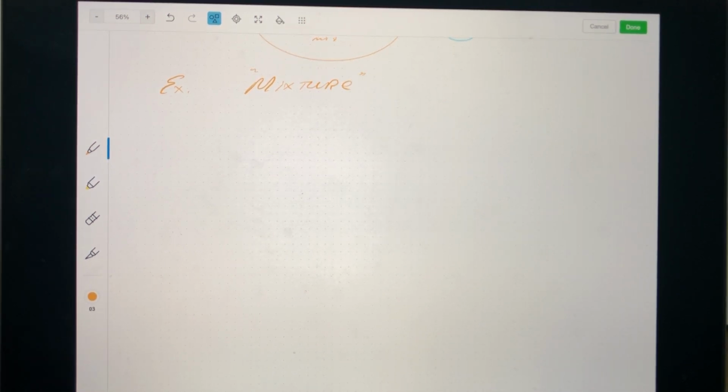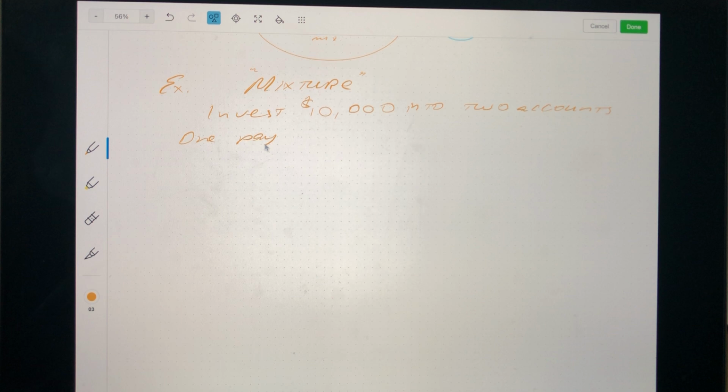In this one, let's suppose that we have to invest $10,000 into two accounts, and the first one pays 4% interest annually, and the other pays 3% interest annually.